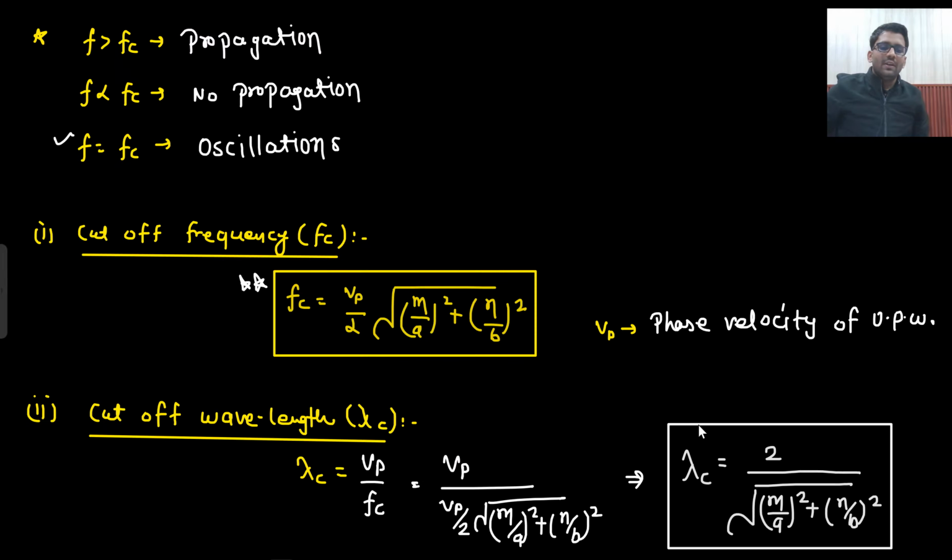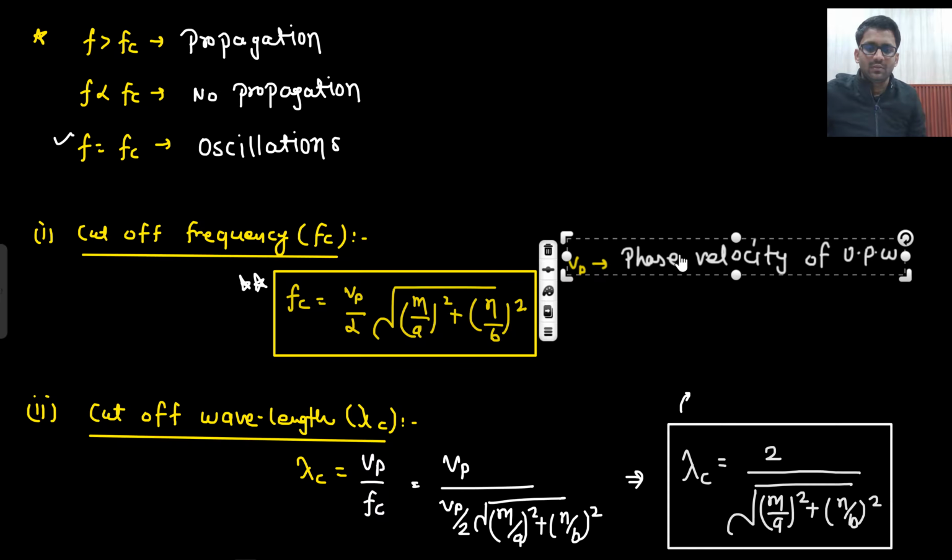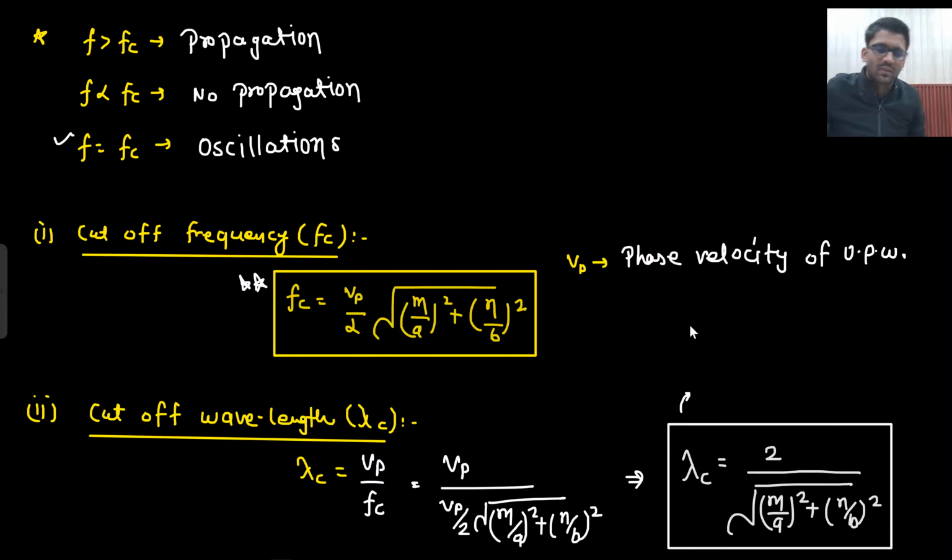Okay. Now, what you can tell from here is that if lambda is greater than lambda c, what do you think, will there be propagation or no propagation?